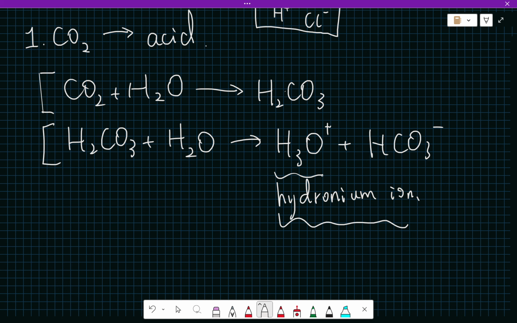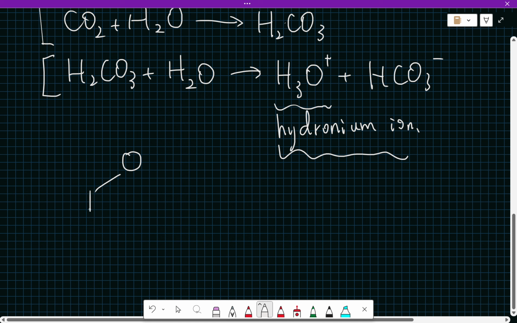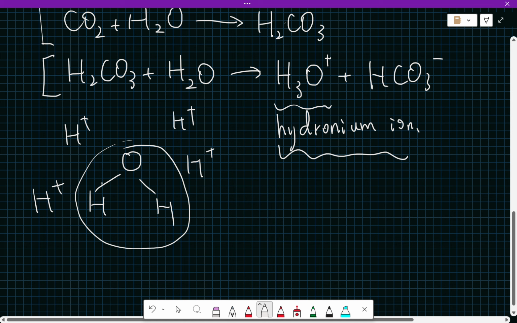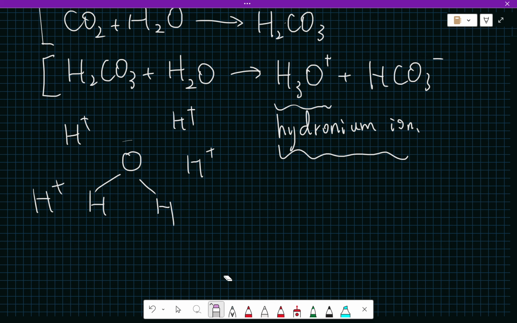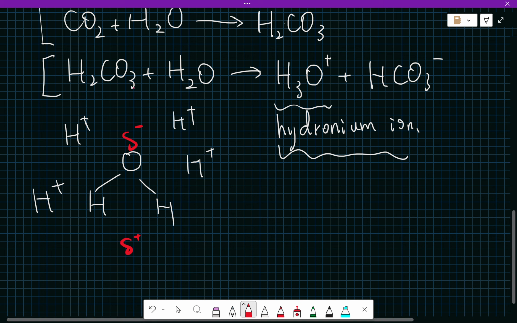And how is this hydronium ion formed? So we would have a water molecule, and we would have all these hydrogen ions flowing around. And as we learned in one of my previous videos, this water molecule is actually polar. We would have a permanent molecular dipole on the top as negative, and a positive permanent molecular dipole at the end.